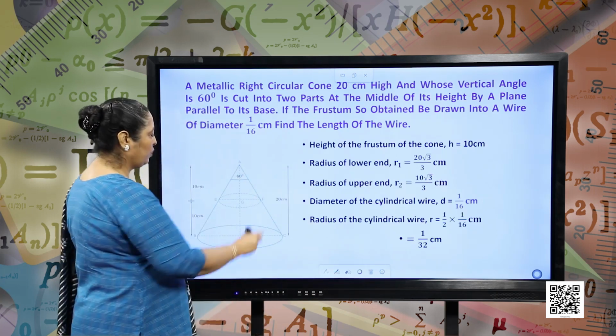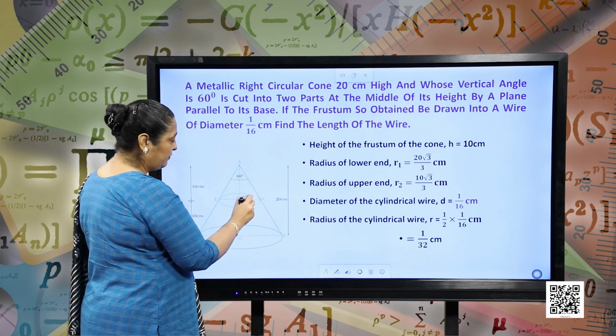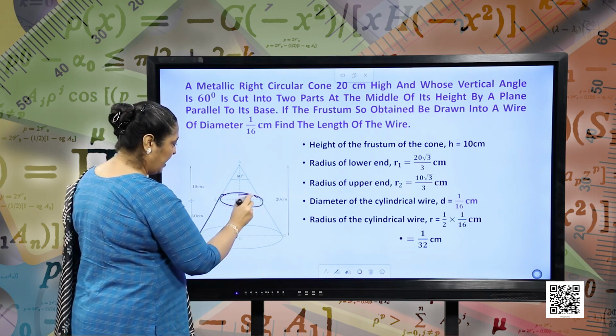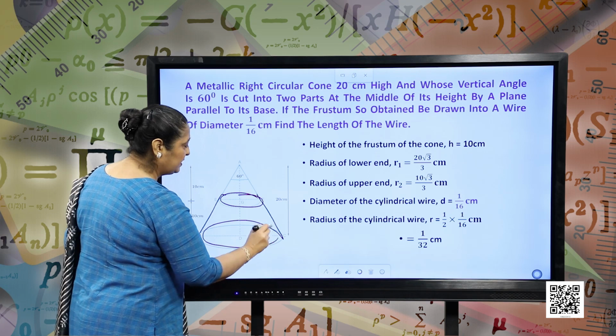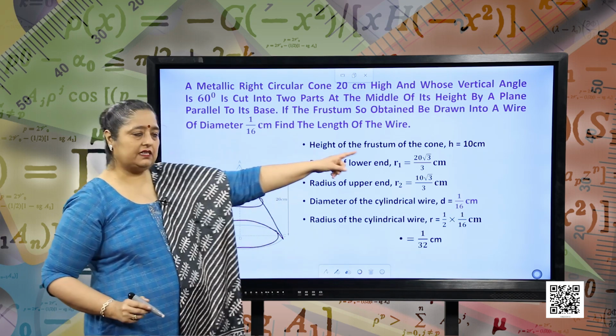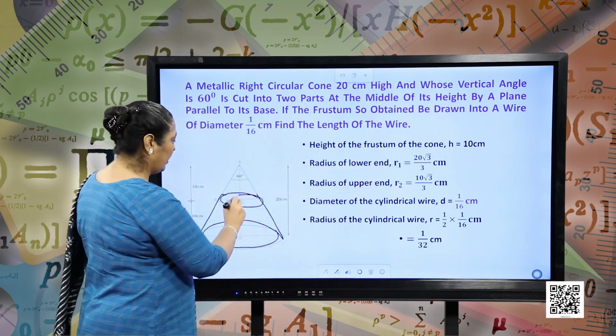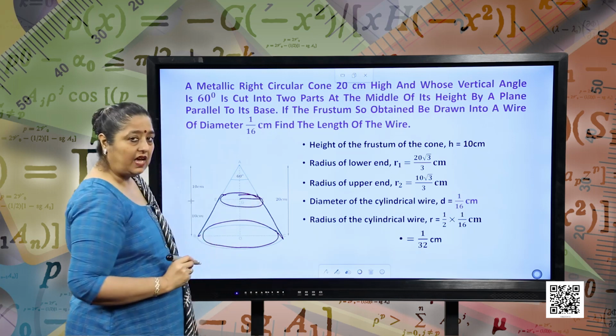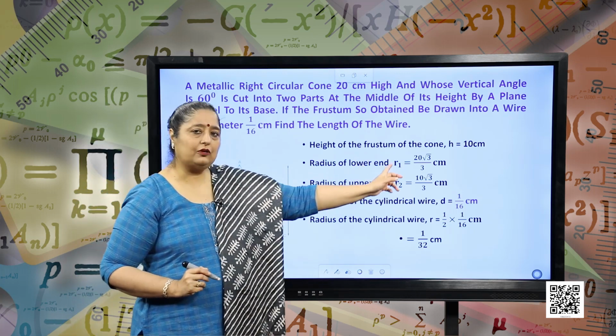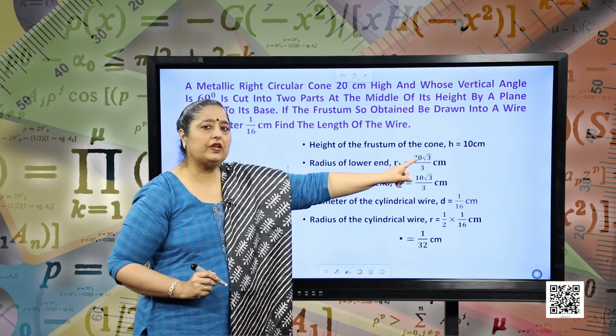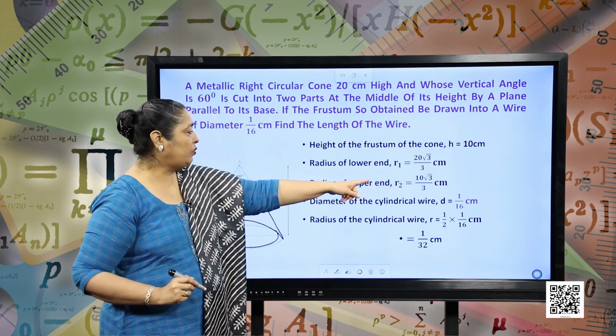Height of the frustum. What is the height of the frustum? This is a frustum, right? And we know the height of the frustum is 10 centimeter. This is R1. R1 we have already calculated as 20 root 3 by 3 centimeter. And what is R2?